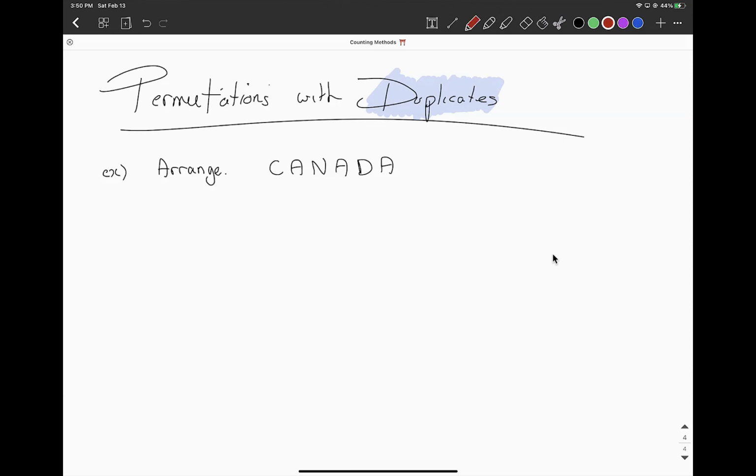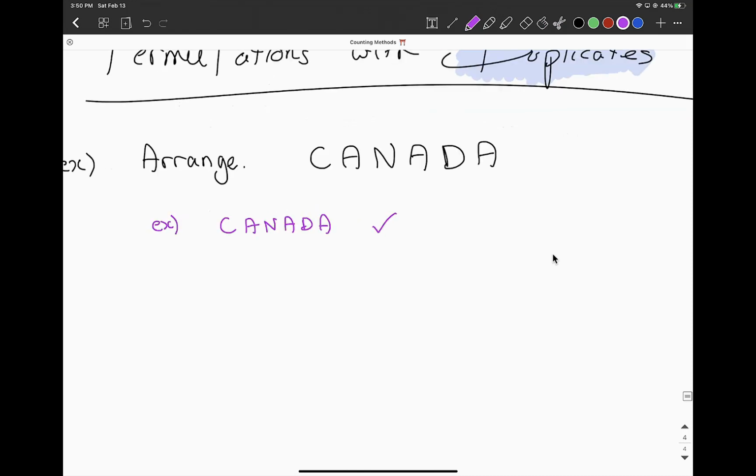And so to try to explain this, let's talk about some outcomes here. This is definitely one way to arrange the letters. Very recognizable. So there's one. Now, if I was to move any two letters, which is what an arrangement is, you can move things around, it should change things.